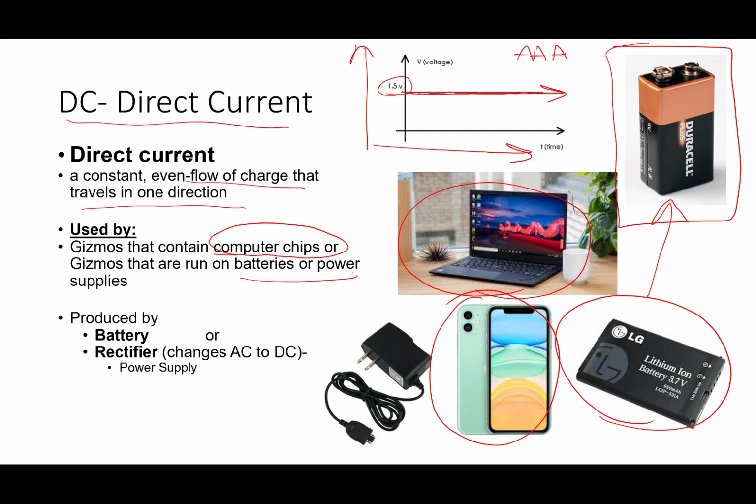So these things are all going to run on DC power. If you have a device and it has a power supply, that power supply is also called a rectifier. A rectifier is a device that takes the AC power that comes out of the wall socket and transforms it into the DC current that is needed by electronic devices.